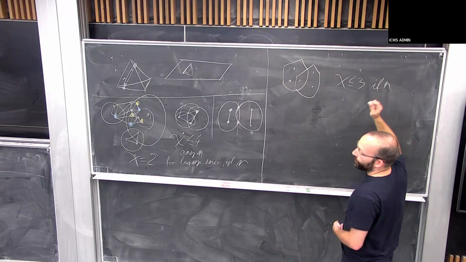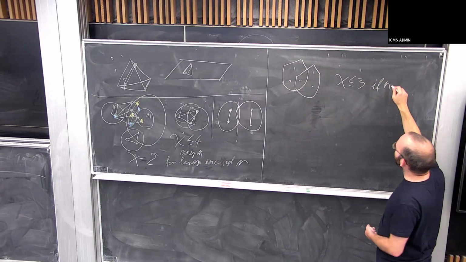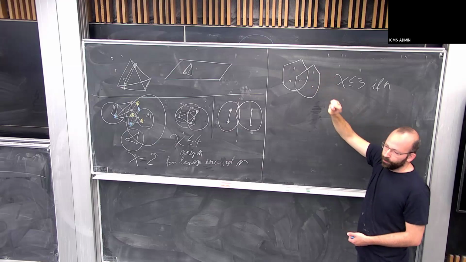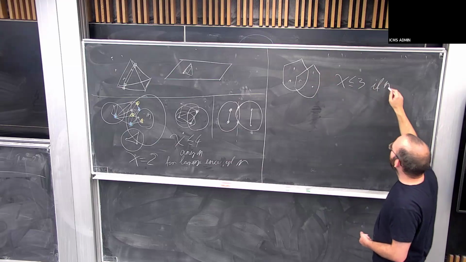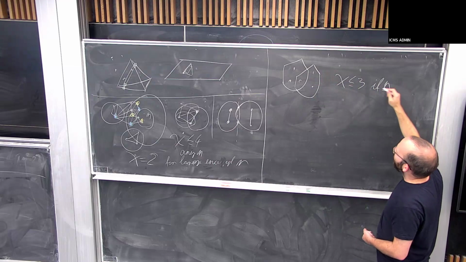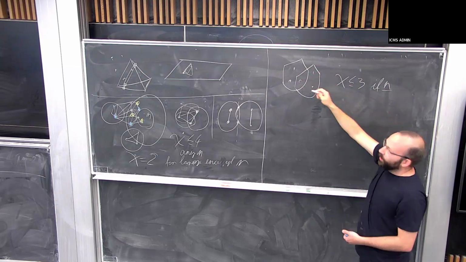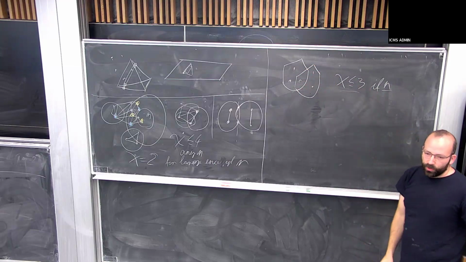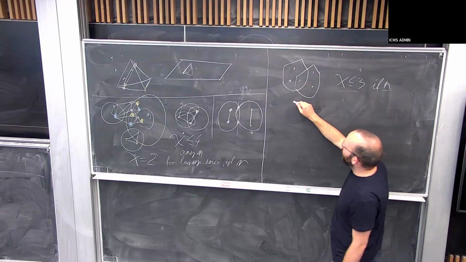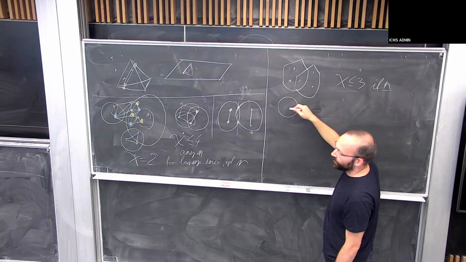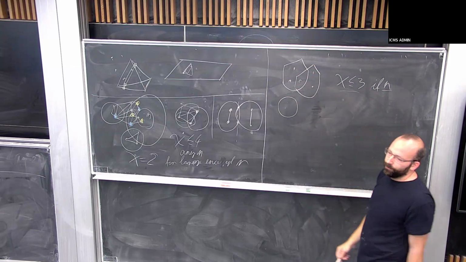So the uniformity is large enough, which depends on the shape. But for each shape, there is an n such that n uniform geometric hypergraphs with translates of this set have chromatic number at most 3. So in the case of the circle, translates of the circle give you all unit circles.